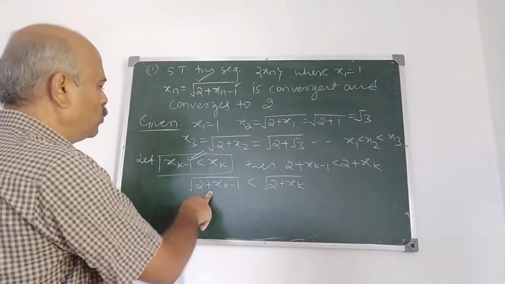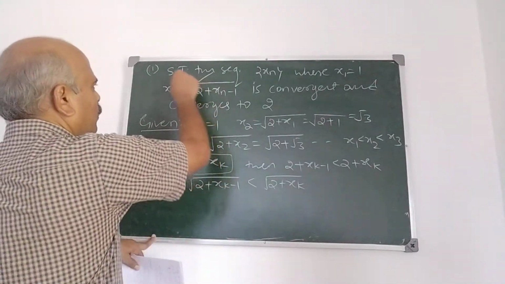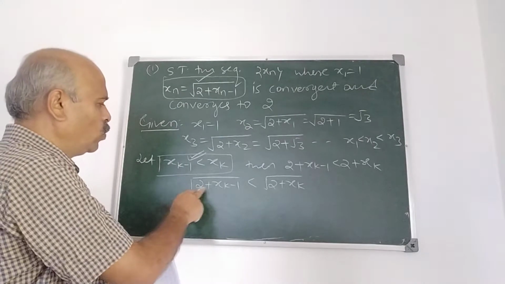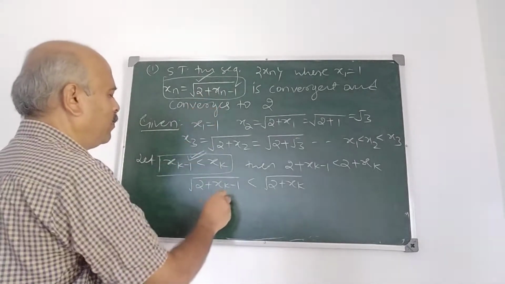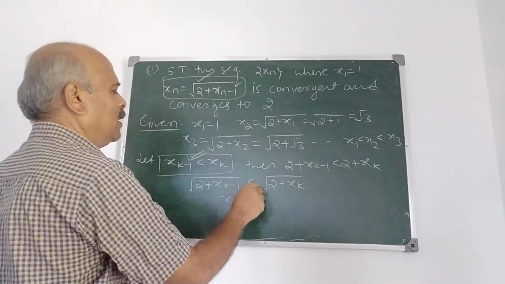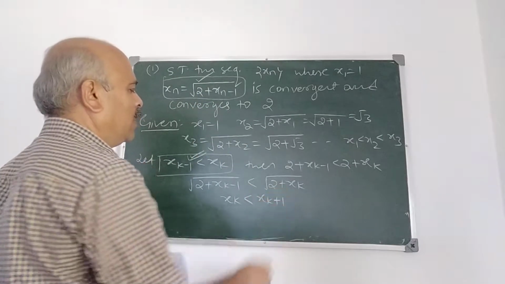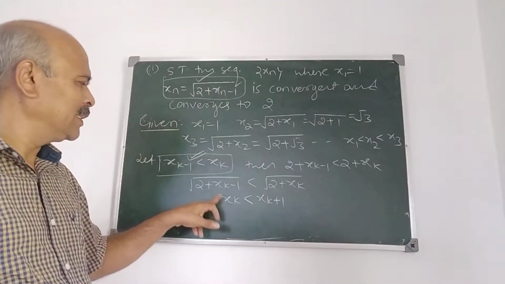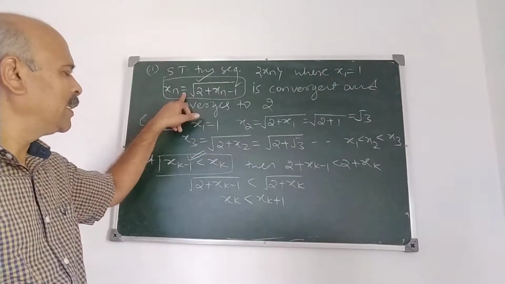What is the square root of 2 plus xk minus 1? Use the definition: it is xk.